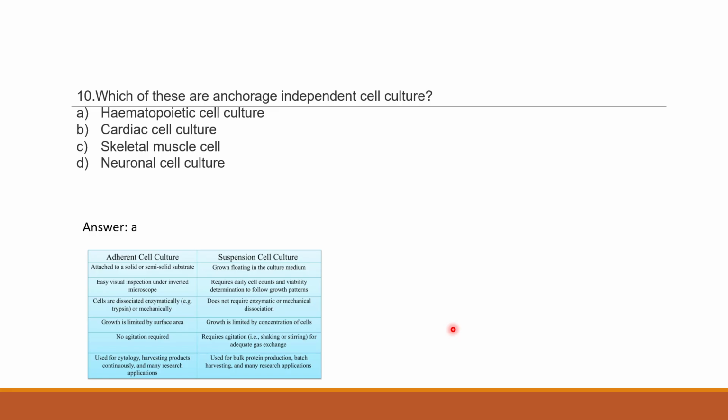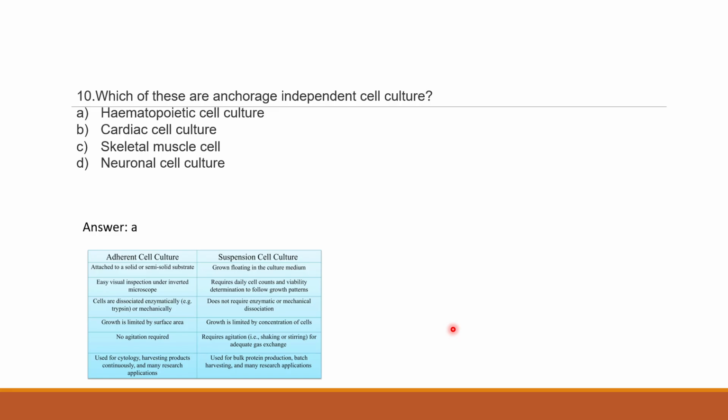In adherent cells, if your cells die, they detach and they float. Then if you change your media, they will go away. But in suspension cells, that is not the case. You have to centrifuge and take all your cells together. You have to resuspend all your cells together. So you should always see that you are not letting your cells die.